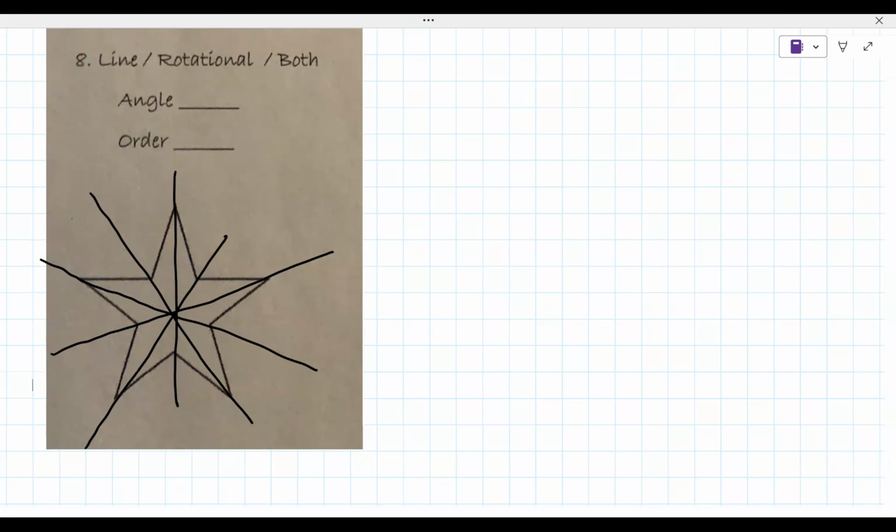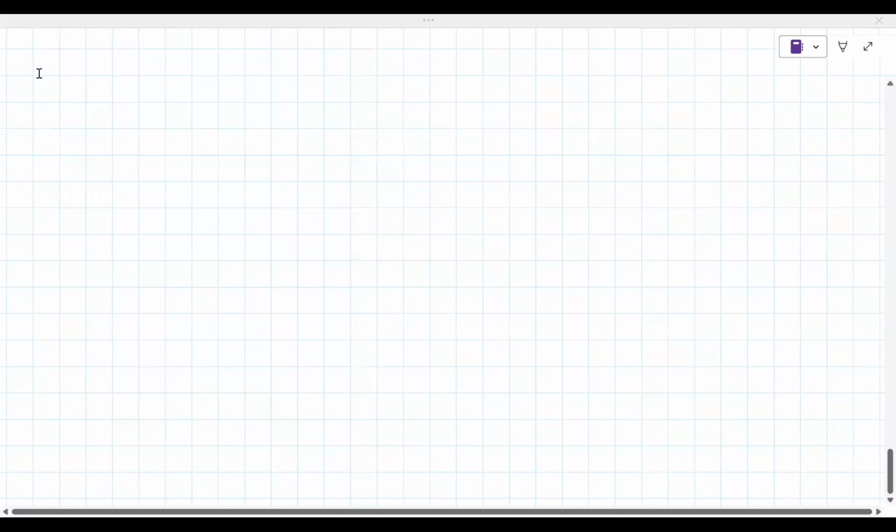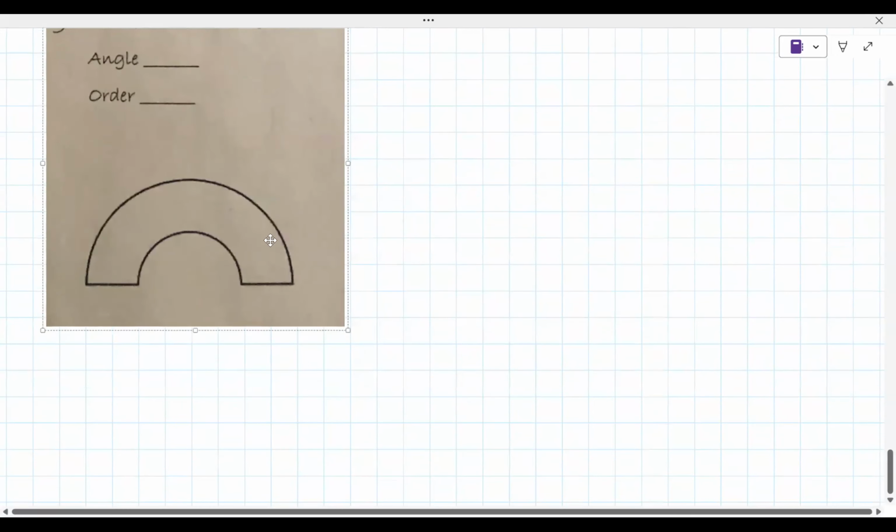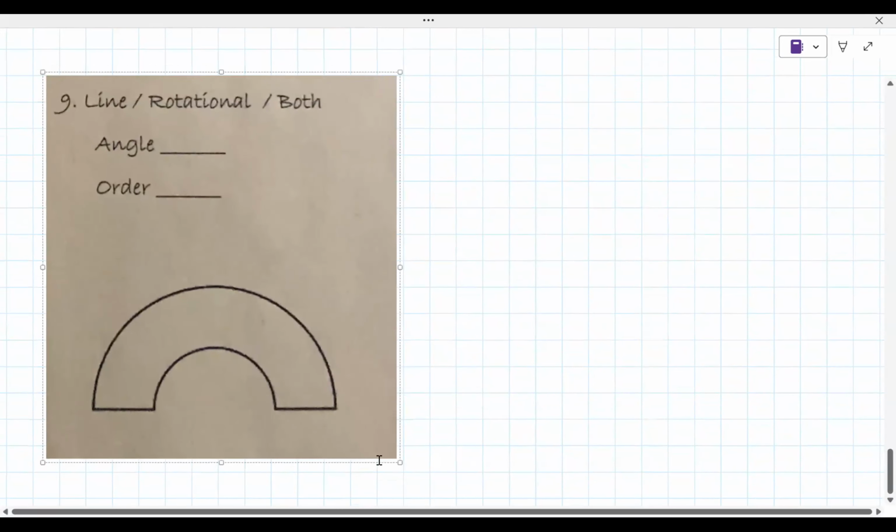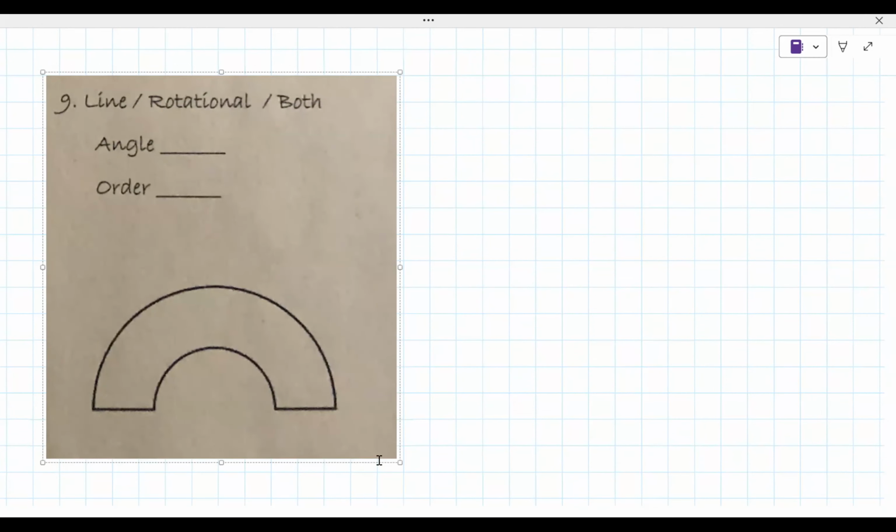Okay, let's keep going here to number 9. That looks like another one of the line things.